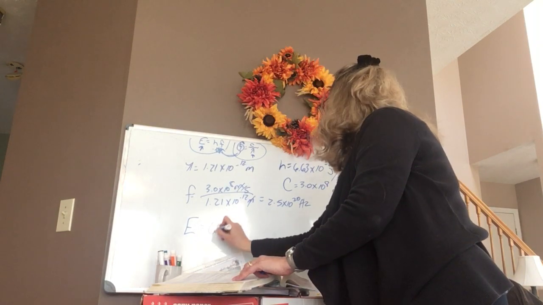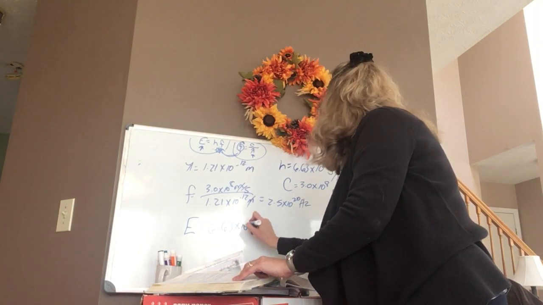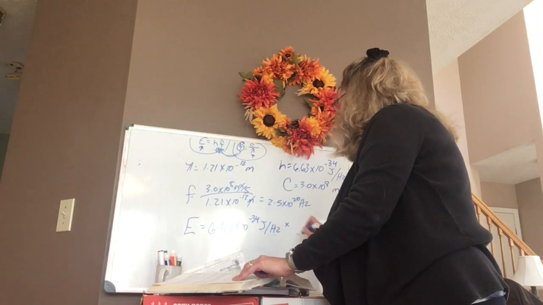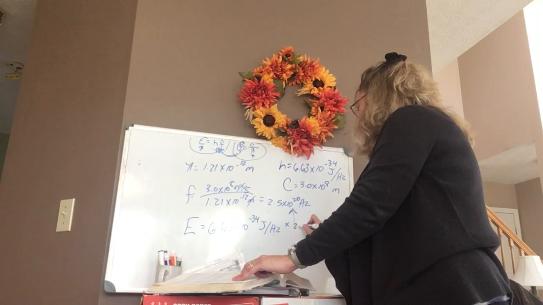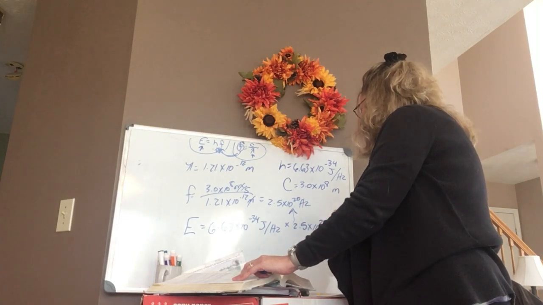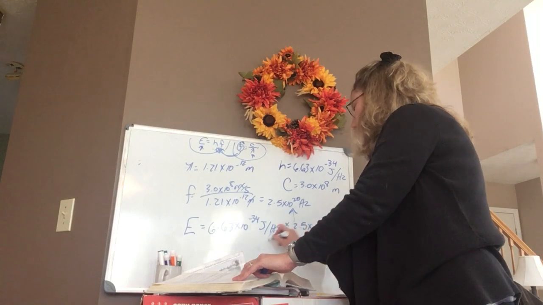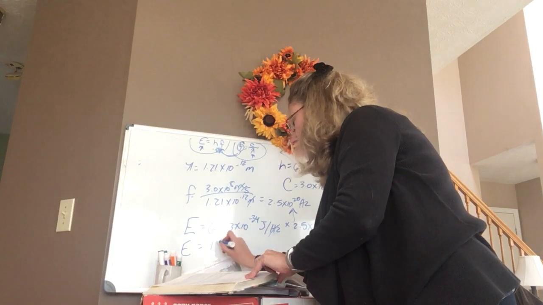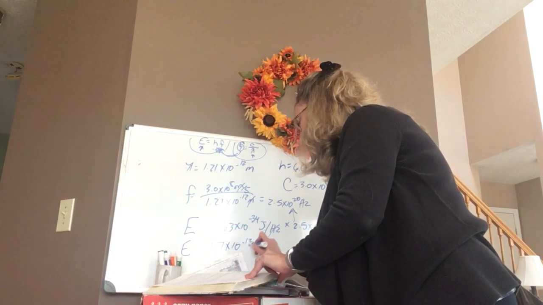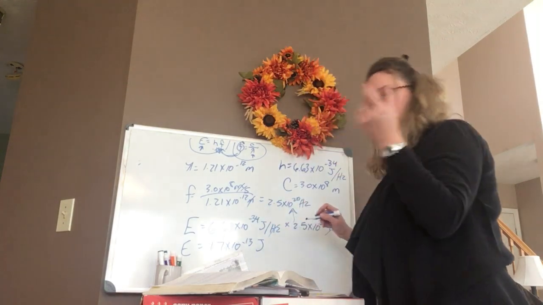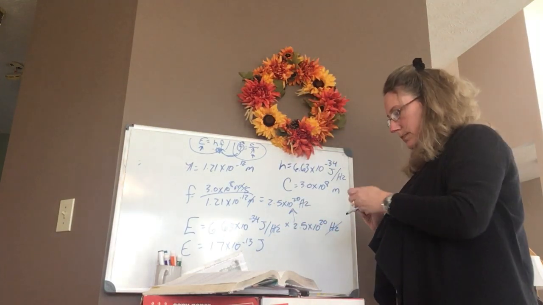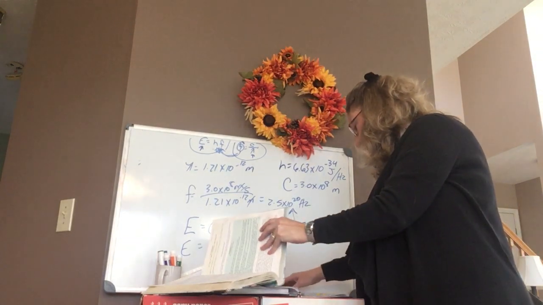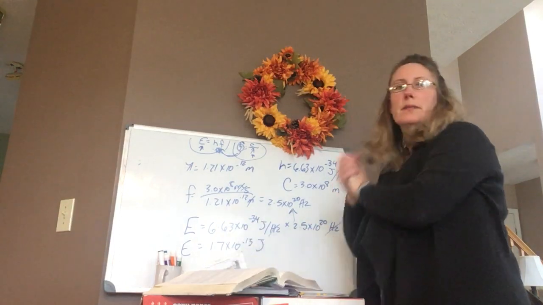Energy equals Planck's constant, 6.63 times 10 to the negative 34 joules per hertz, multiplied by my answer here, 2.5 times 10 to the 20th hertz. This hertz cancels this hertz out, and I'm left with energy that's in joules. So 1.7 times 10 to the negative 13 joules. Again, just a small amount of energy, but a small amount of energy can make a big difference. Anybody have a question?